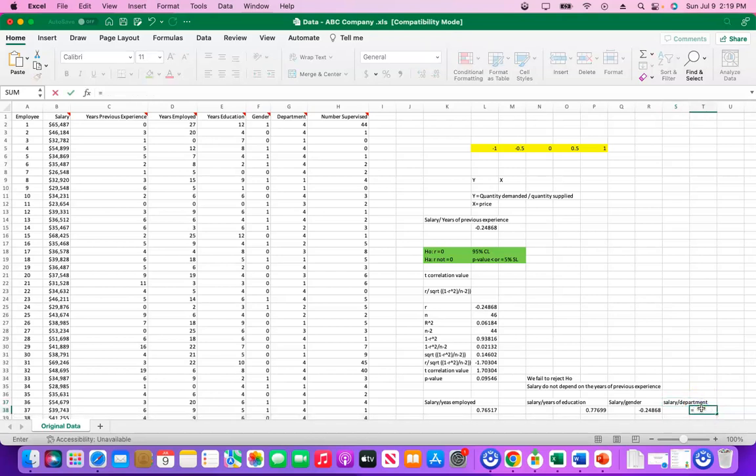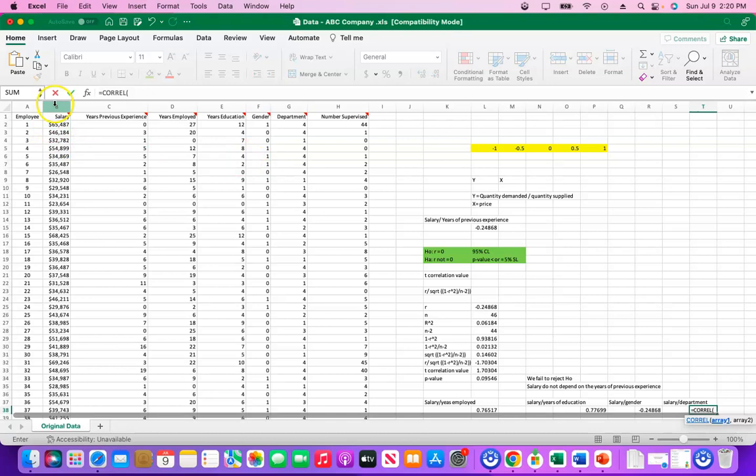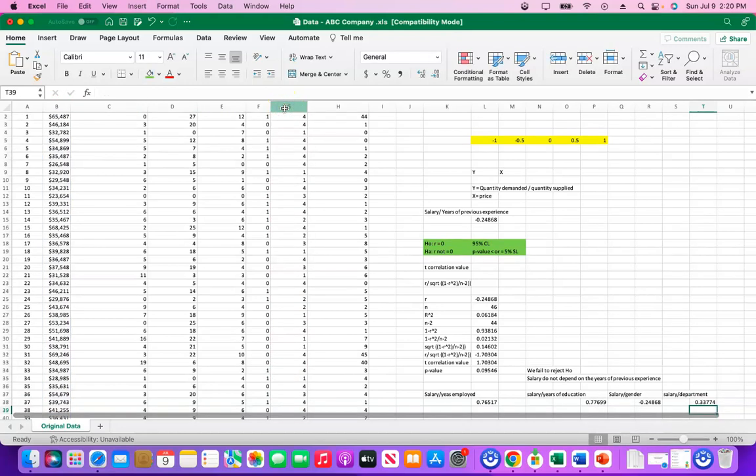Here we'll do exactly the same: type the CORREL function, and all you have to do is click on the salary, and the second array will be department. If you enter, you will see that the correlation is 0.33748.